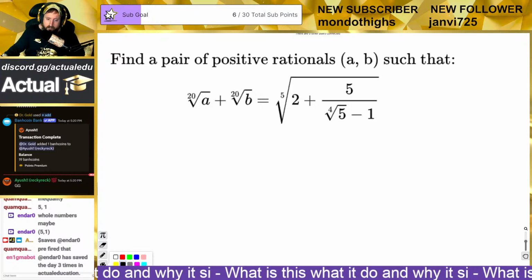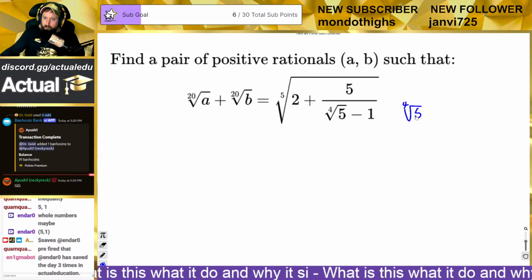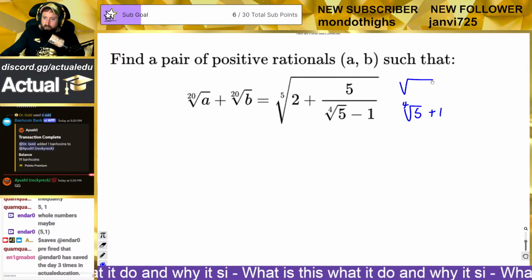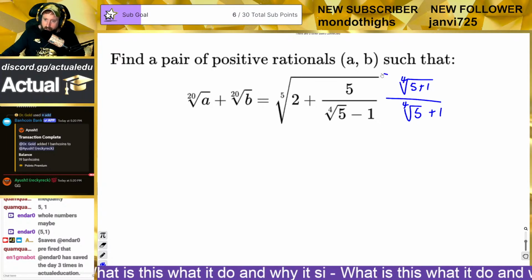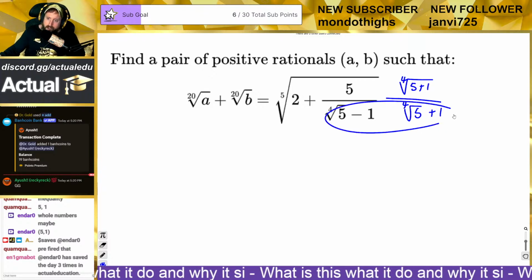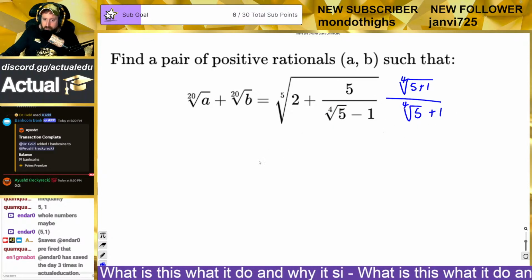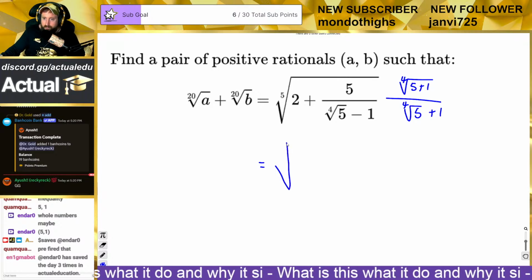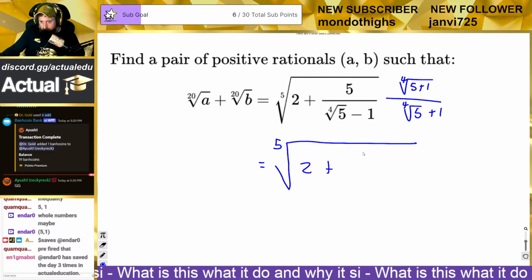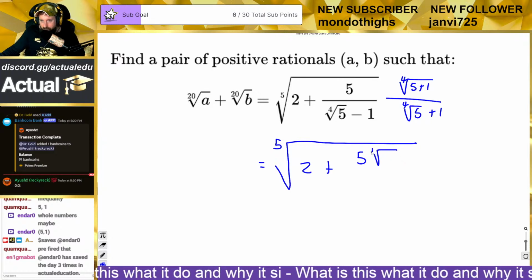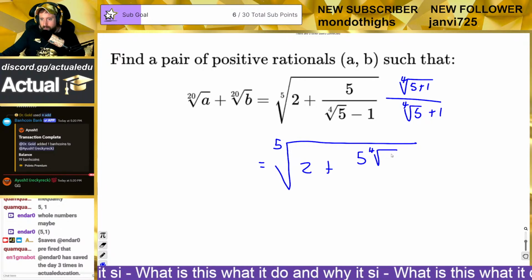And I'm going to multiply the top and bottom by what's called the conjugate. So I'm going to multiply this by the 4th root of 5 plus 1, on both the top and bottom. That's going to turn this into an a squared minus b squared situation. So we're going to have the 5th root of 2 plus, and then this is going to be 5 rad 4. Oh, wait.